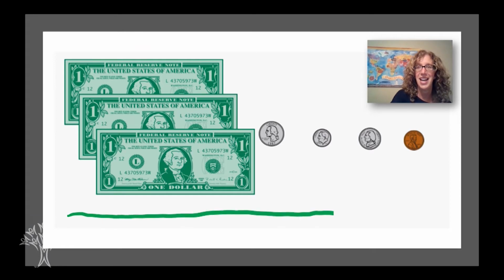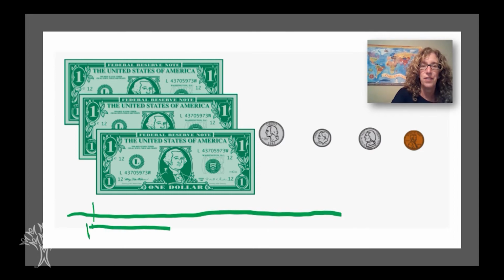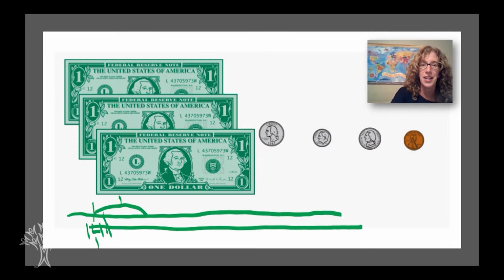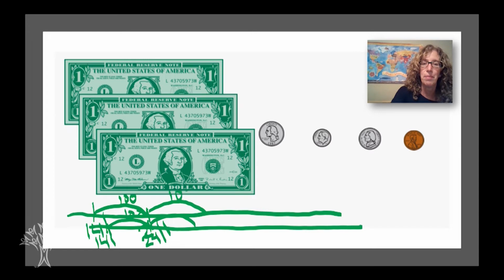All right, I see another dollar showing up. So first we had 141 cents. We added a dollar and got to 241 cents. Now we have another dollar to add. That's another jump of 100.